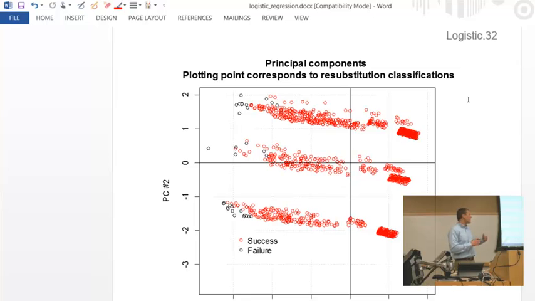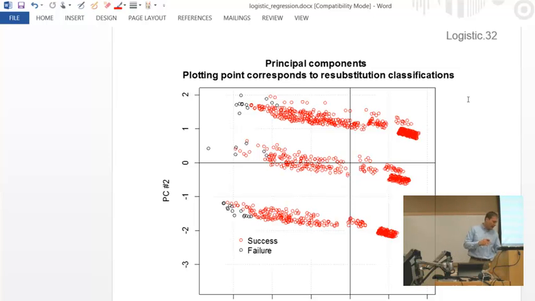Perhaps it's a little bit harder to see, but there are a lot fewer blacks in this plot than there were before. You can also see that the blacks are a little bit interspersed amongst the reds in comparison to discriminant analysis, but less so than with nearest neighbor classification.